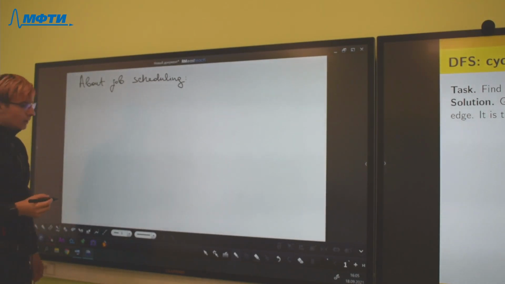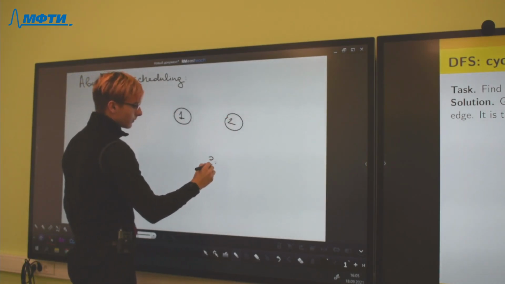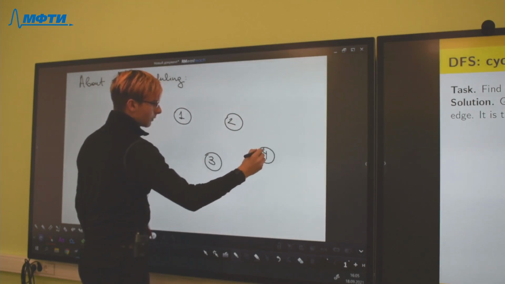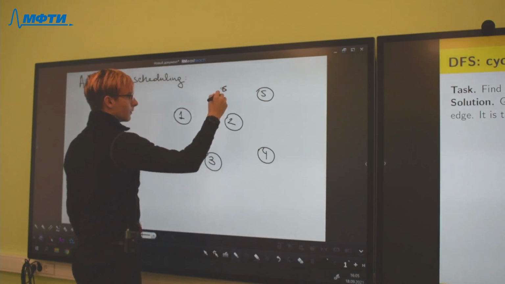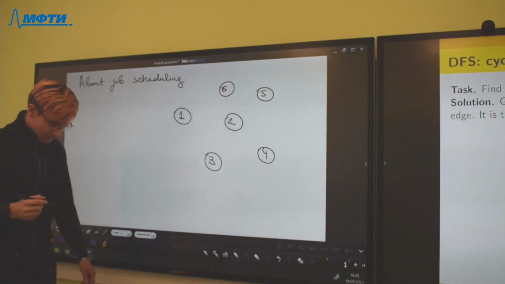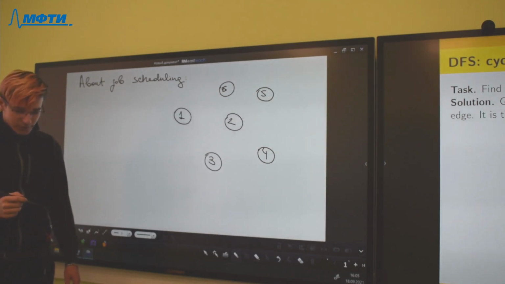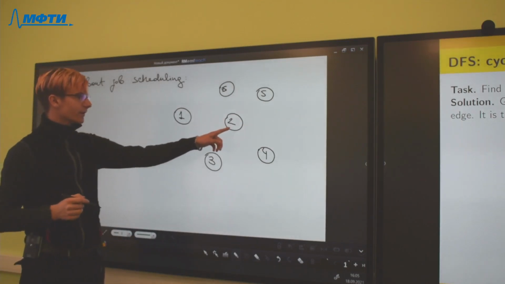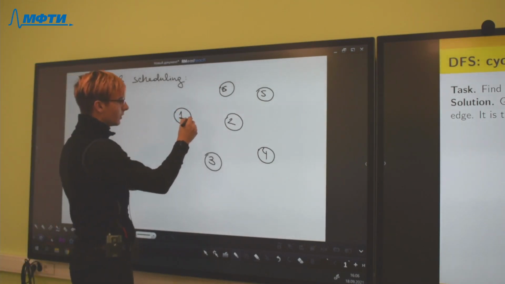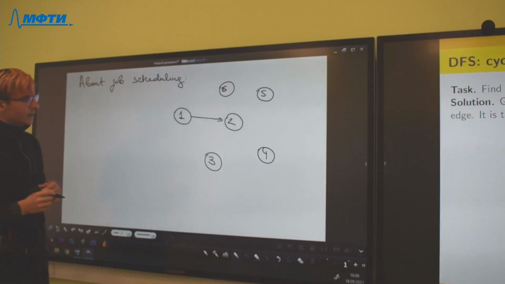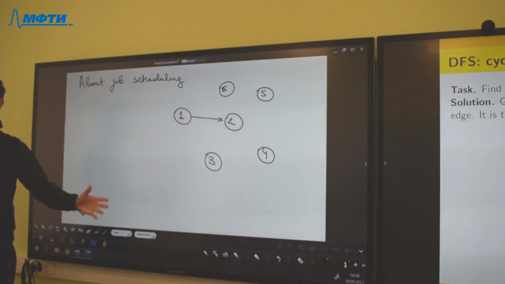For example, if you have different tasks in your job, and one task depends on another task. For example, to start the lecture, I need to create a presentation. And so we write it like a directed edge from vertex 1 to vertex 2.